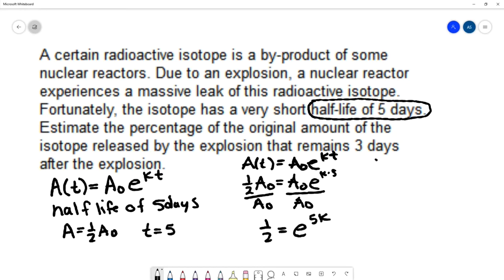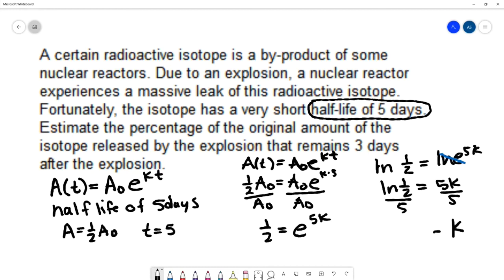I'm going to take the natural log of both sides. Natural log and e are inverses of each other, so they cancel. I have a natural log of 1/2 equals 5k. I'll divide by 5, and I get our decay rate to be natural log of 1/2 over 5.